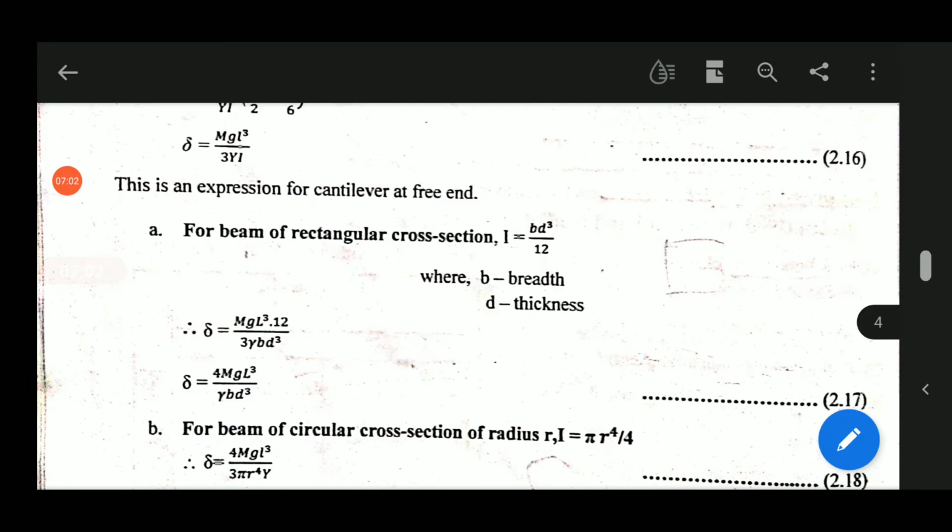For a beam of circular cross section of radius r, the geometrical inertia I is represented as pi r to the power 4 divided by 4.